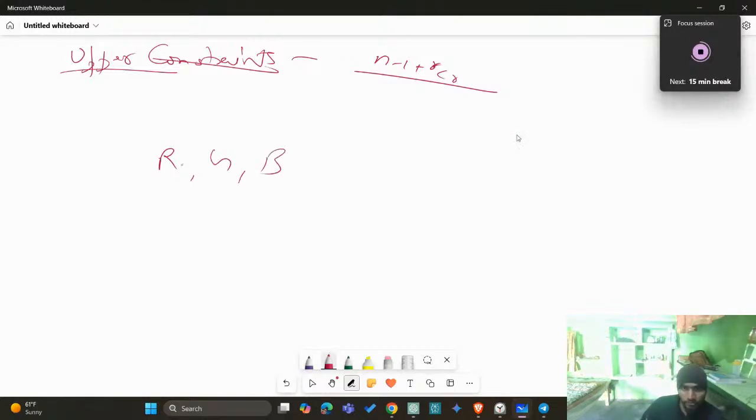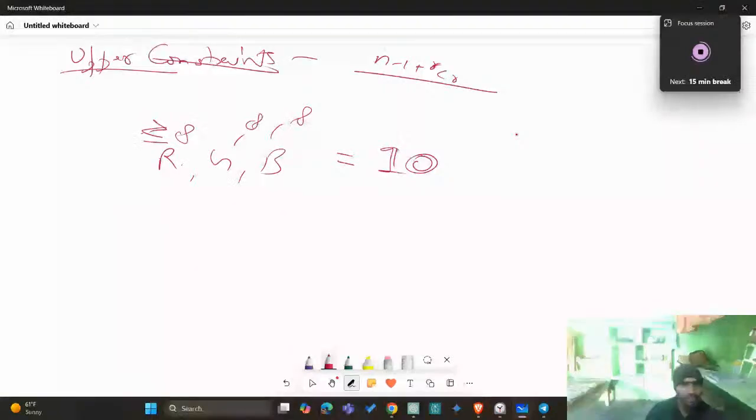Distribute 10 chocolates. We have infinite green and infinite blue, but for red we have an upper limit: fewer than 8. So, guys, this is an upper constraint on only one variable.